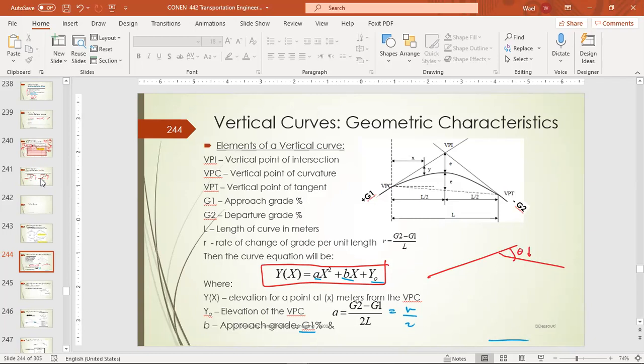If you try to evaluate this angle, for example, if we say that we have 4% and 8%, how much is theta? If you calculate that, this angle is tan inverse 0.04, which is 2 degrees 29 minutes, and the angle here will be 4.5 degrees.